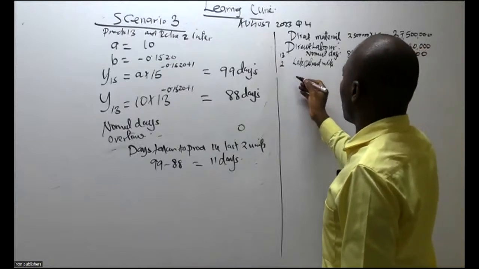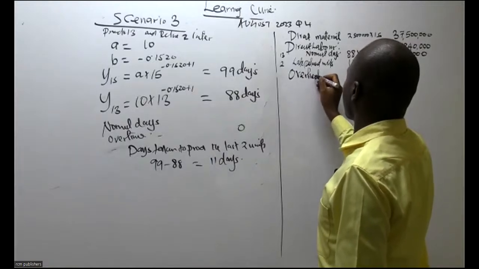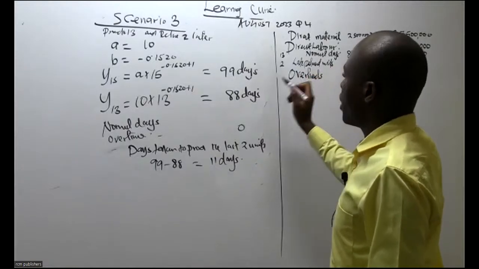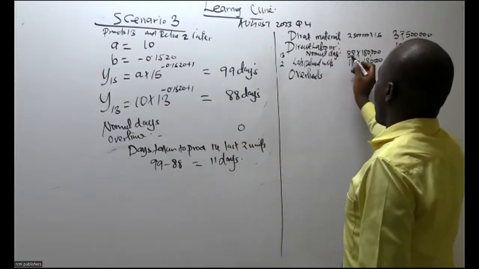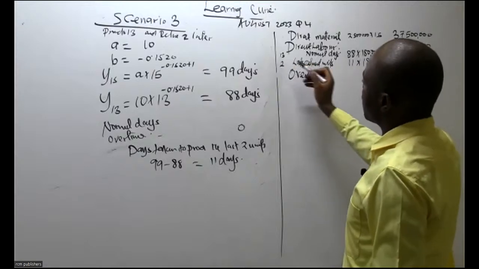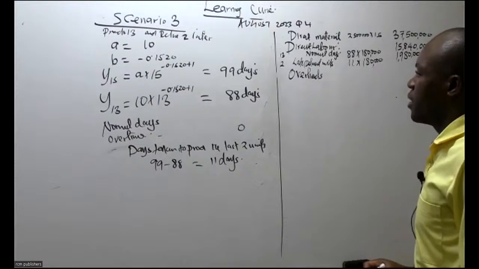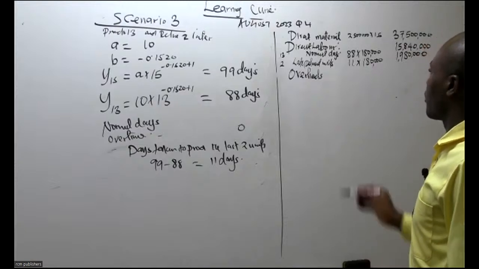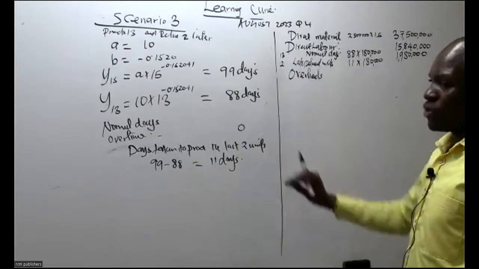Then we have what we call overheads. Overheads are paid on the normal working days. The normal working days here, we have the 88 for the 13 units and 11 for the 2 units. Total itakuwa ngapi? They want to avoid the overtime because this overtime is making them pay a lot of money.